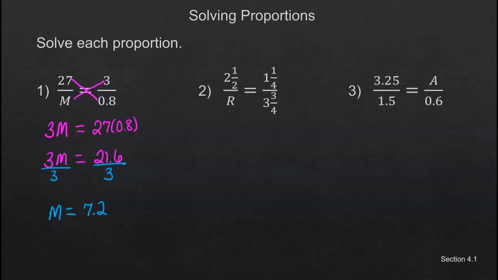So the cross product here is going to be 2.5 times 3.75. And then my other cross product is going to be 1.25 times r. So we do that cross multiplying, and then of course I have to go ahead and multiply out the 2.5 and the 3.75, so that's 9.375.